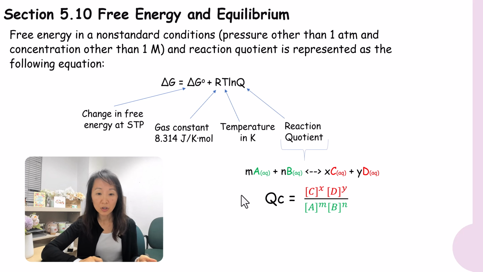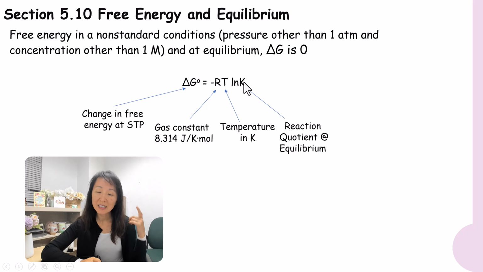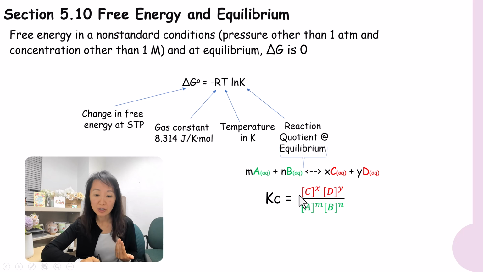So if I rearrange this equation, that delta G was 0, so I put the delta G naught on the other side and made negative RT ln of K. So this is again the free energy change at standard condition, temperature and pressure, and you got your R, you got your T, and then now instead of a Q, you have a K. What is K? It's that reaction quotient. It's the same thing, but it's at equilibrium. You might have a different concentration value, but that's all, it's stemming from the same reaction quotient.